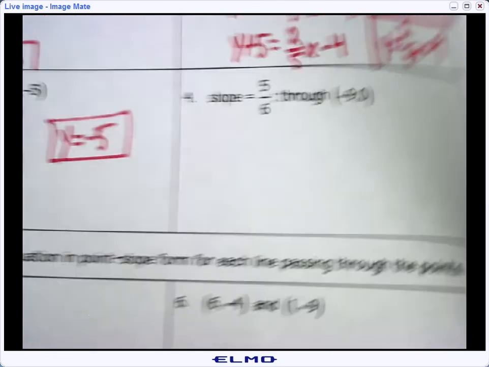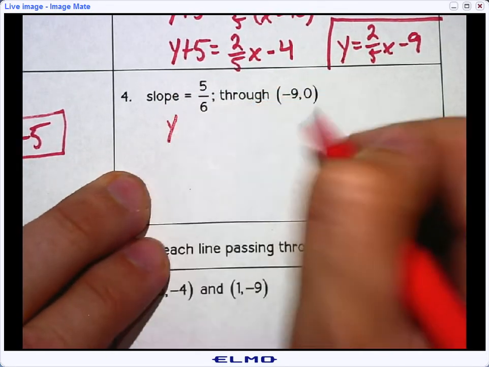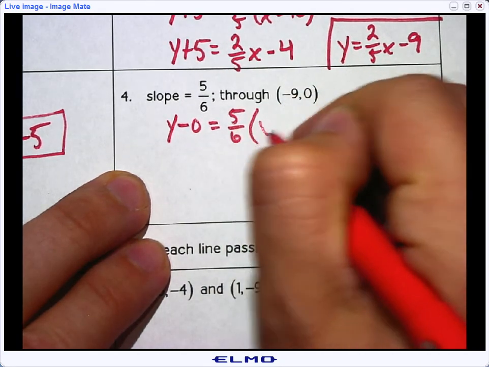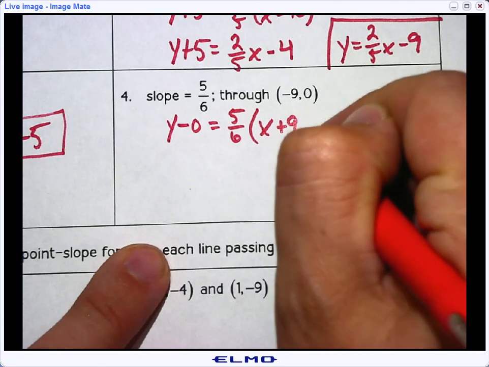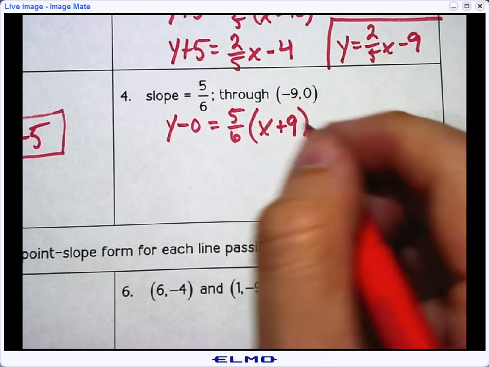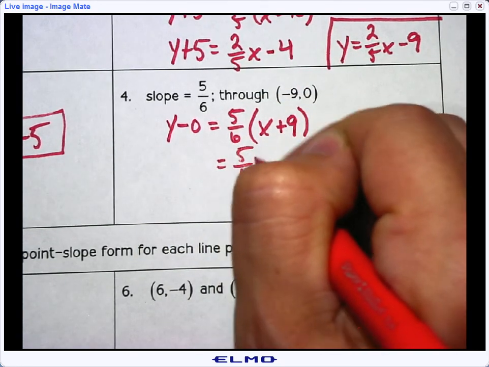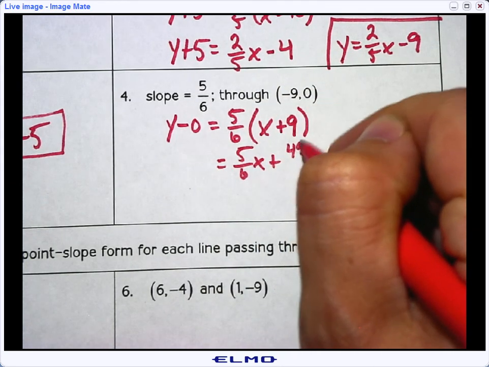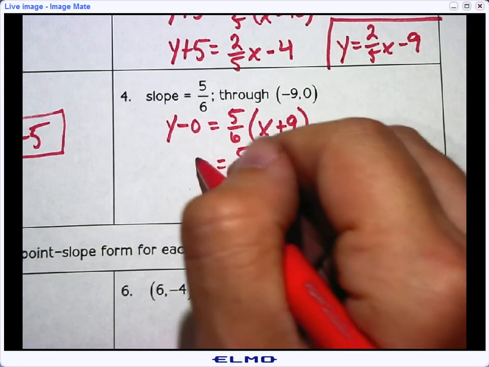All right, for number 4, so we have y minus 0 equals 5/6 times x minus negative 9 is going to become plus 9. Distribute your 5/6, so it's going to give us 5/6x plus 5 times 9 is 45/6. y minus 0 is just y.